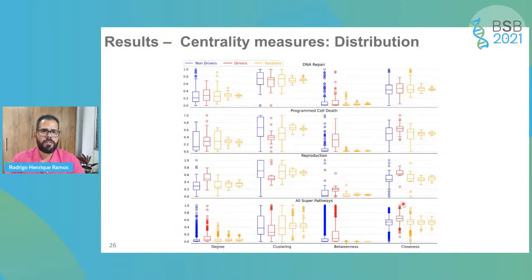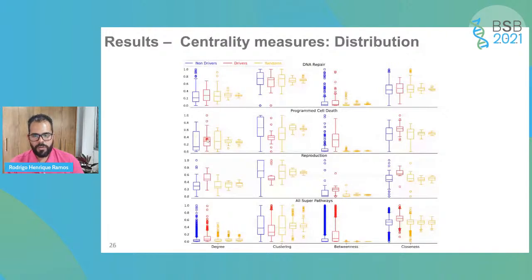The first analysis we did was to compare the centrality distribution among the driver nodes and non-driver nodes. So, for example, here at the programmed cell death superpathway, looking at the degree distribution, we see that the blue box represents the degree distribution among non-drivers, and the red box represents the degree distribution among drivers.